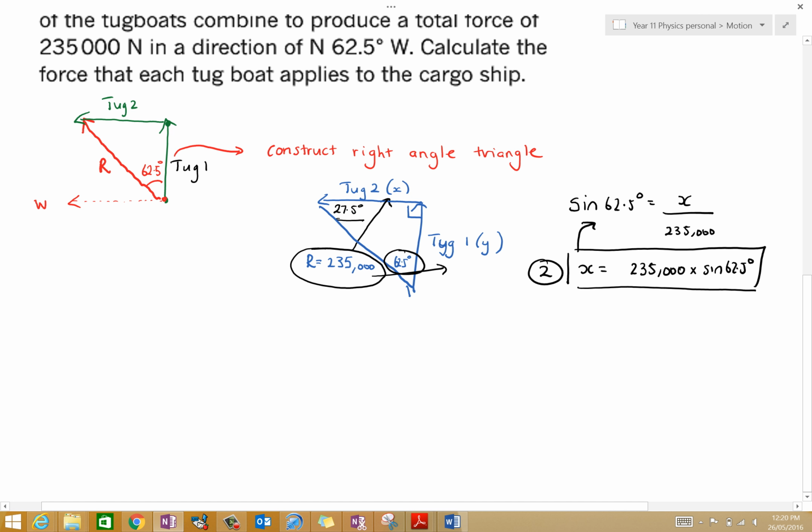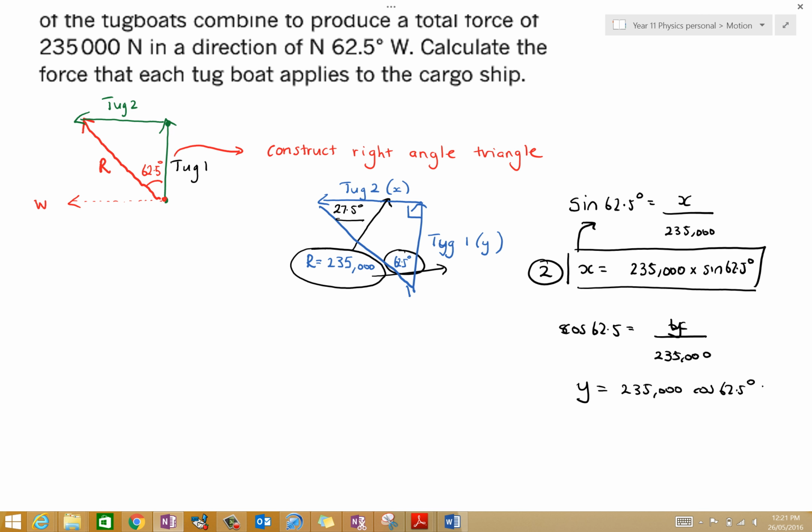So that is x, and then cos of 62.5 is equal to y over 235,000. Therefore y is equal to 235,000 cos of 62.5 degrees. This is breaking up a vector into its perpendicular components, horizontal and vertical.